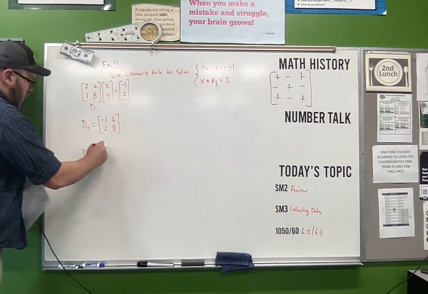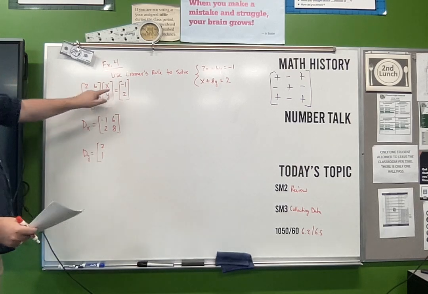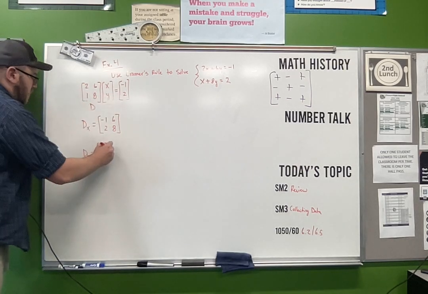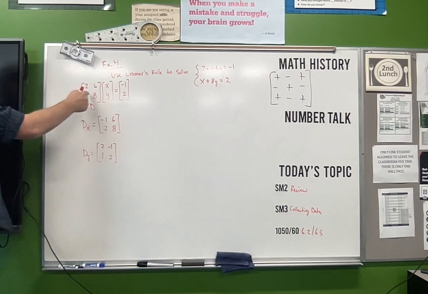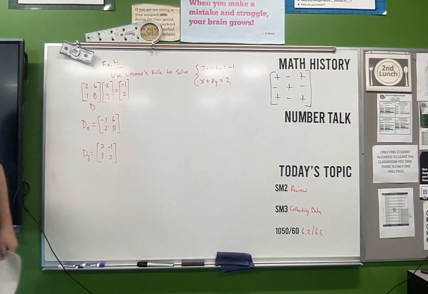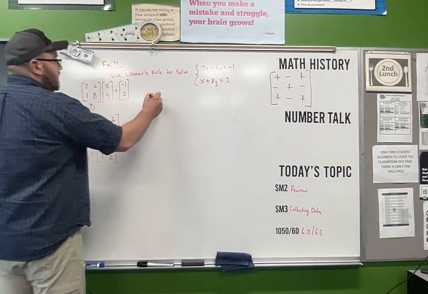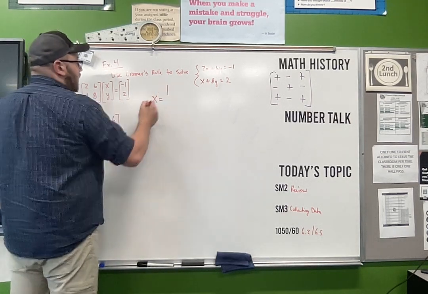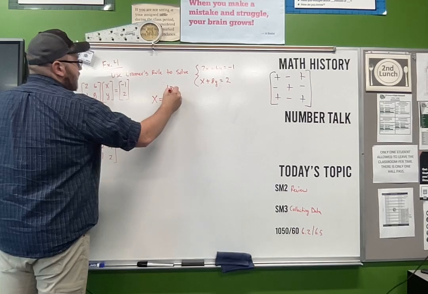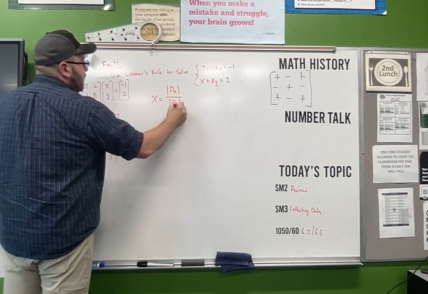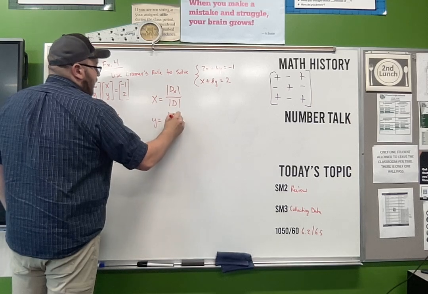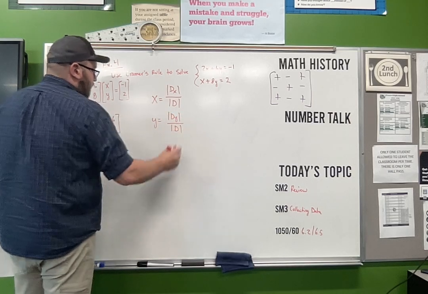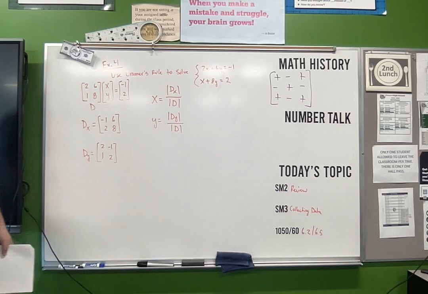So we'll still have 2, 1, but instead of 6, 8, we're going to have -1, 2. Okay, and then, like I said, this is just regular D. Now, to figure out what x equals, we take the determinant of D sub x and divide it by the determinant of D. And y is equal to the determinant of D sub y over the determinant of D. So we've got to figure this stuff out.